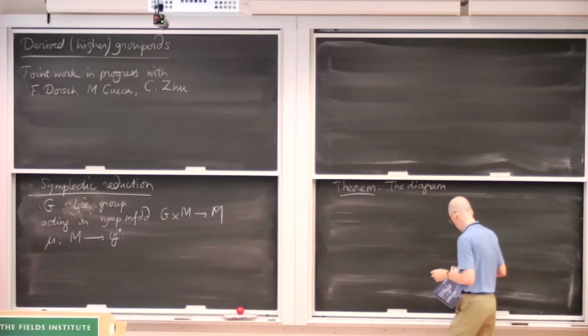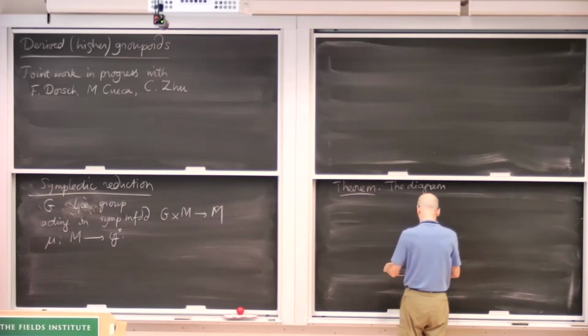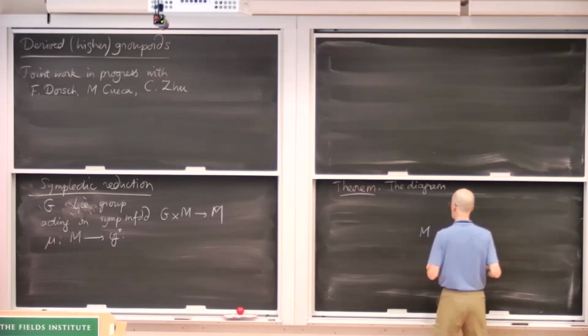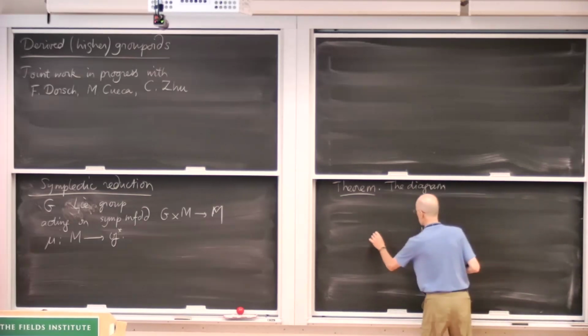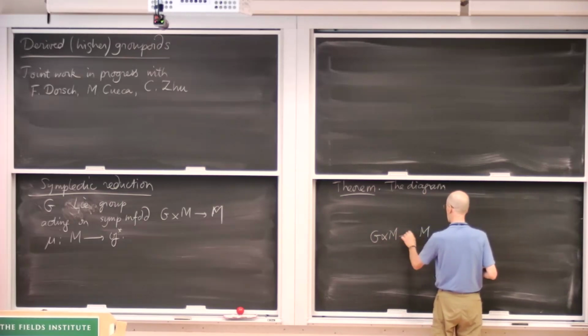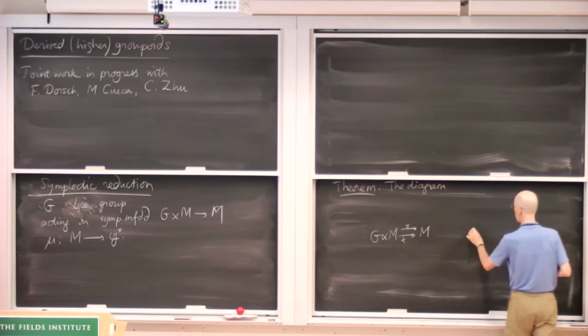Well, if you have an action, you get an action groupoid with source and target map.